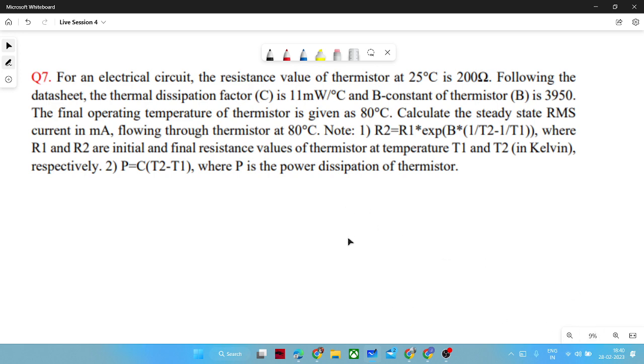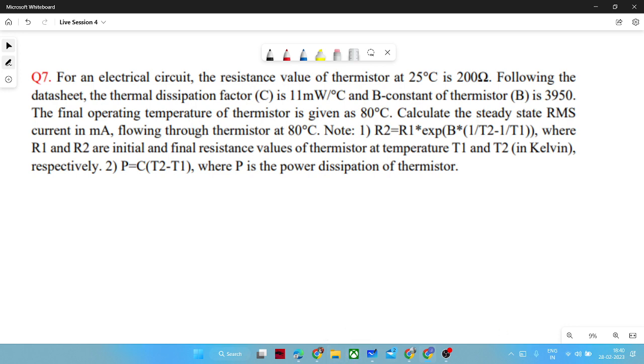So this problem, you read it carefully. I will just turn the light on for a while. Yeah, TD, you are correct. Resistance decreases with an increase in temperature.